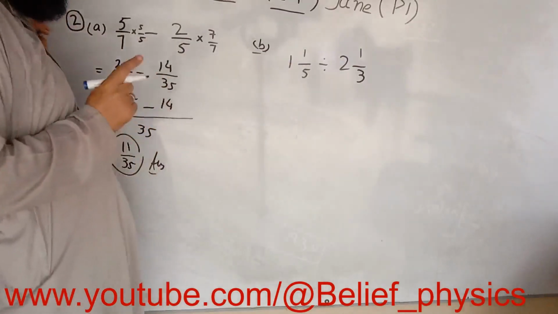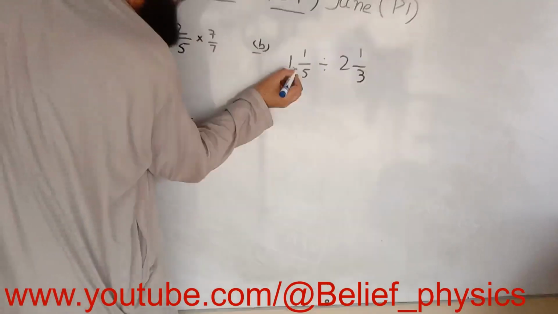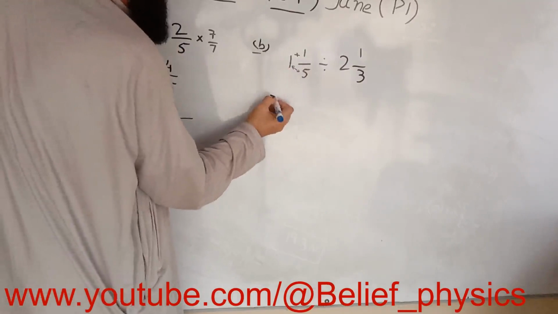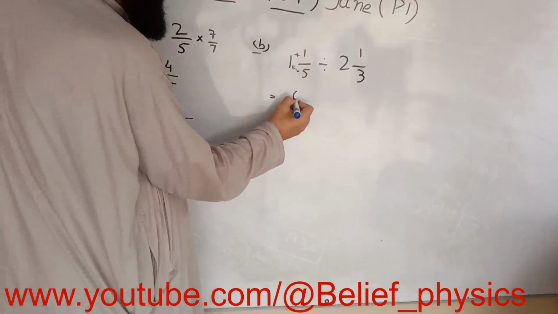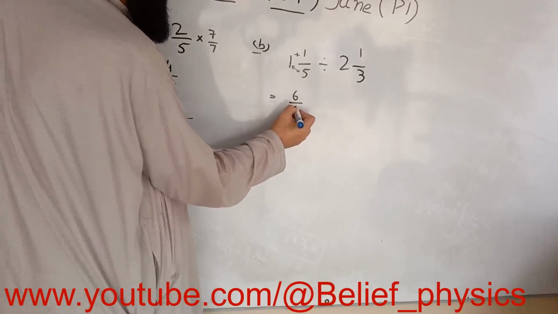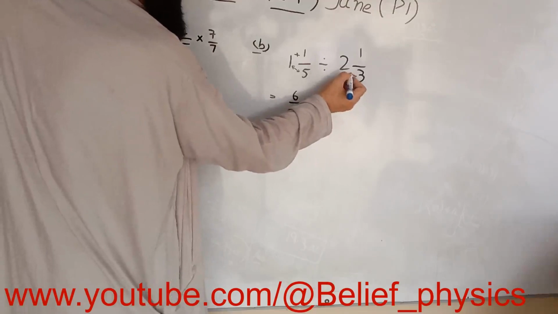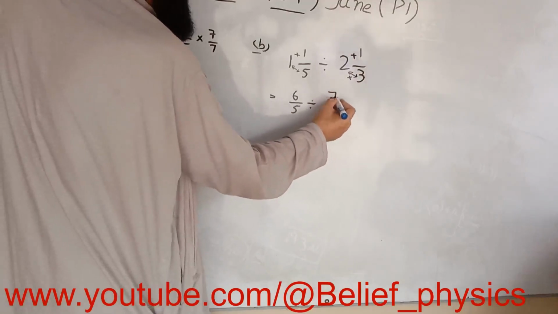How to convert a mixed fraction into an improper fraction? We multiply these two numbers and then add this number. So 5 ones are 5, 5 plus 1 is 6. So this is equal to 6/5, divided by 3 twos are 6, plus 1 is 7. So this becomes 7/3.